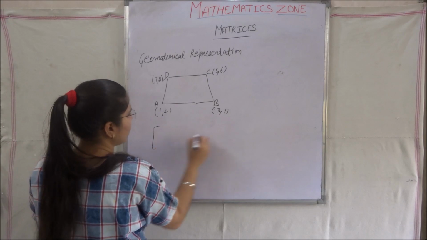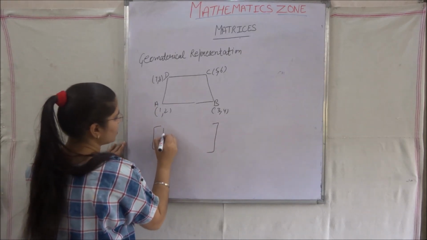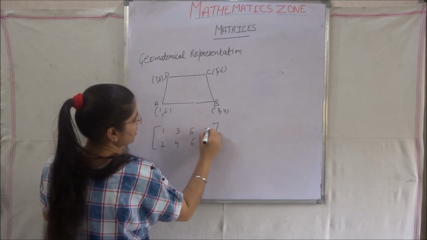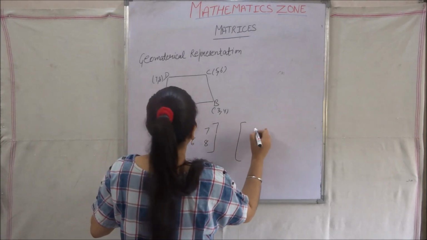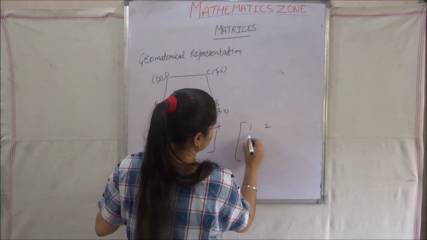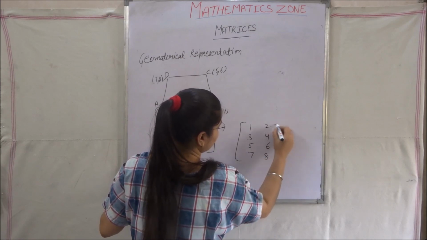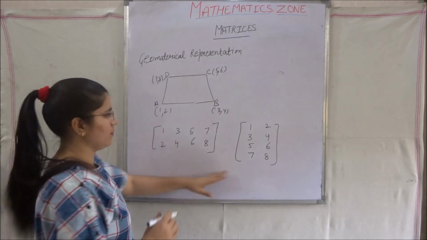So these can also be represented in a matrix form, that is 1, 2, 3, 4 in one row and 5, 6, 7, 8 in the next. Or it can also be written like 1, 2, 3, 4, 5, 6, 7, 8 in two columns. These two are rectangular forms, so these are matrices.